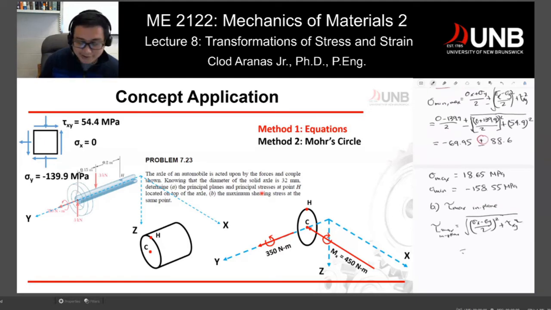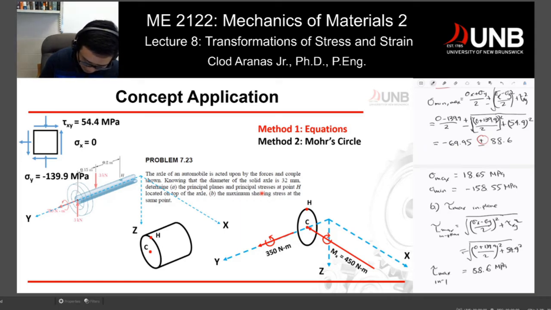But this is for equation, so we substitute the numbers: sigma x, which is 0, plus 139.9, which becomes positive because it's a negative number, squared, plus 54.4 squared, and that would give you 88.6 megapascals. So that would be your tau maximum in plane.